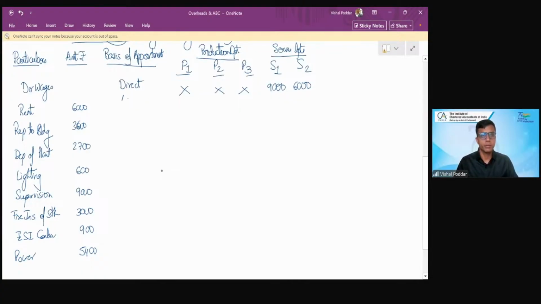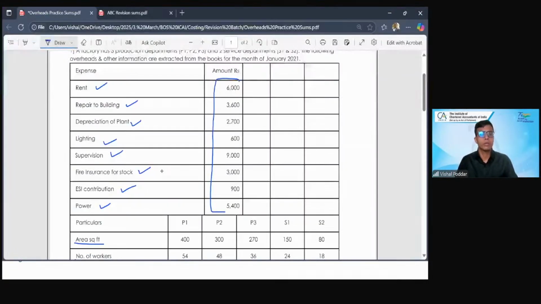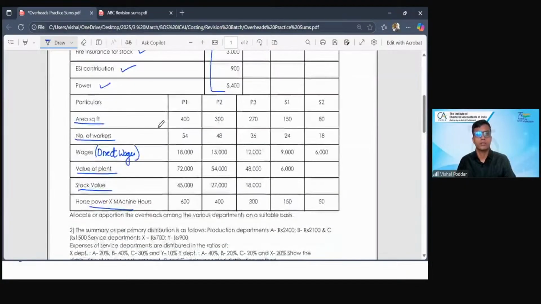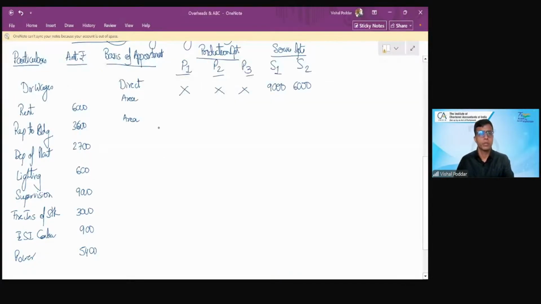So for rent and even for repairs, since both are dealing with building, we can use the ratio of area. So 400, 300, 270, 150, 80.